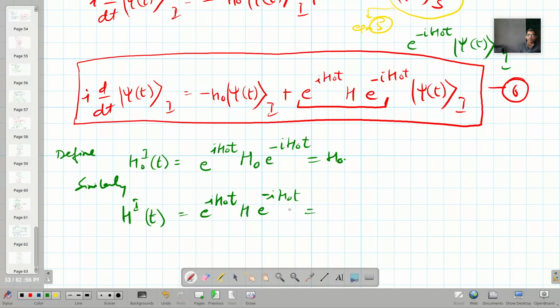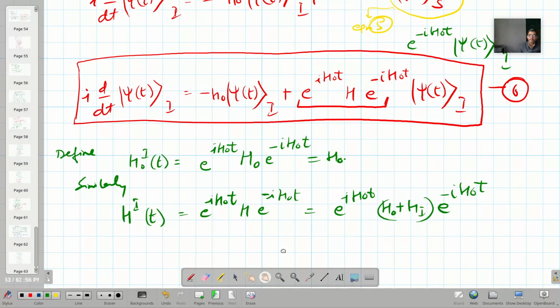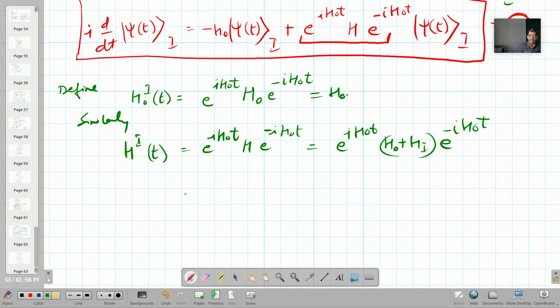Sorry, it is h, not h naught. And let us put the value of h: e raised to power iota h naught t, it is h naught plus h I, and e raised to power minus iota h naught t. If I simplify it, e raised to power iota h naught t, h naught into e raised to power minus iota h naught t plus e raised to power iota h naught t and h I into e raised to power minus iota h naught t. We simplified it.